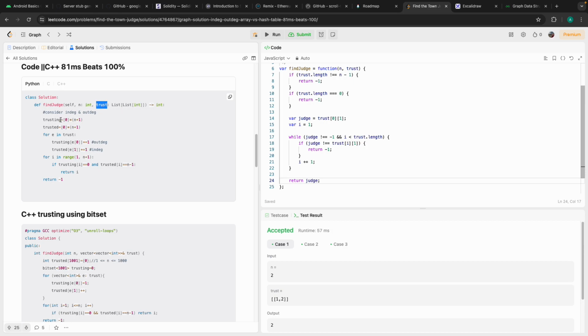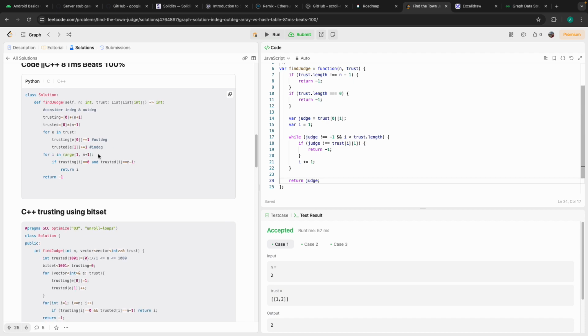We have trust, we have trusting, we have trusted. First element, out degree. Second item, in degree.